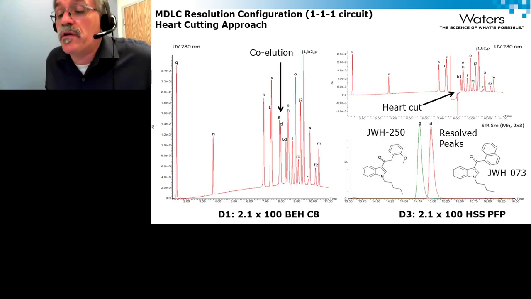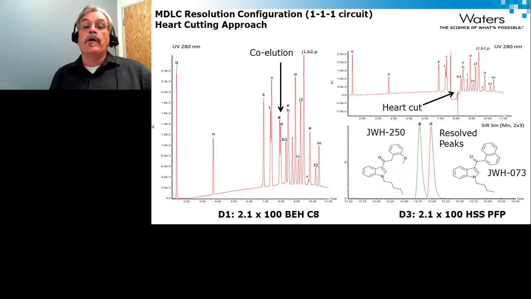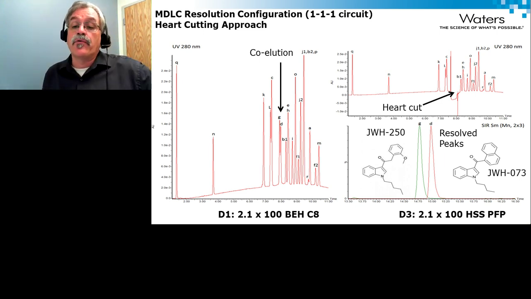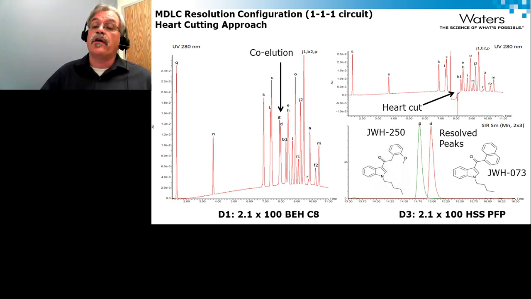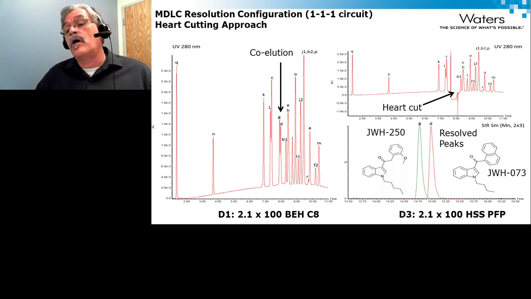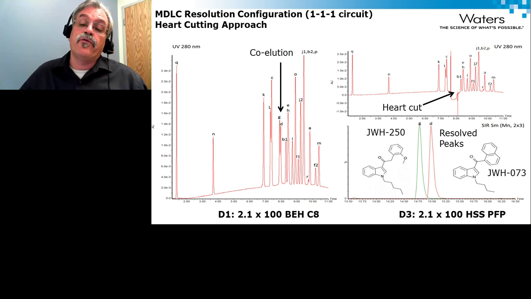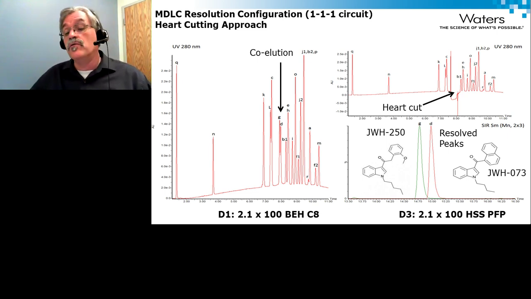Another aspect over here that we can use is the same scenario. We have another coelution that happens in this instance, and by going from a C8 to a phenyl, we see that we now have structural isomers that can be resolved very well for this scenario. So now in this case over here, depending on how many hard cuts I want, I will have to add as many loop injections.